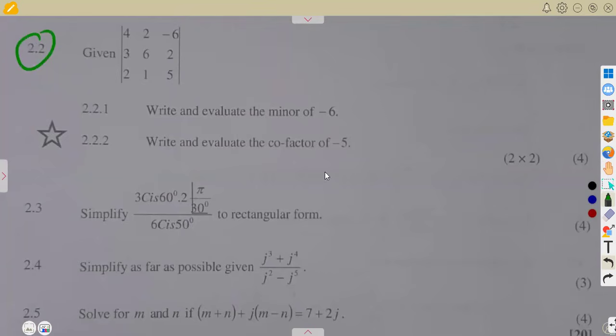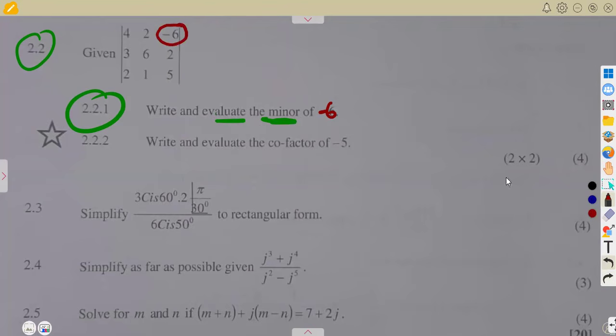2.2, given this, 2.2.1, write and evaluate the minor of negative 6. So this is the minor of negative 6. Remember, for the minor, what we need is to determine the determinant when you close the row and the column where the negative 6 is.